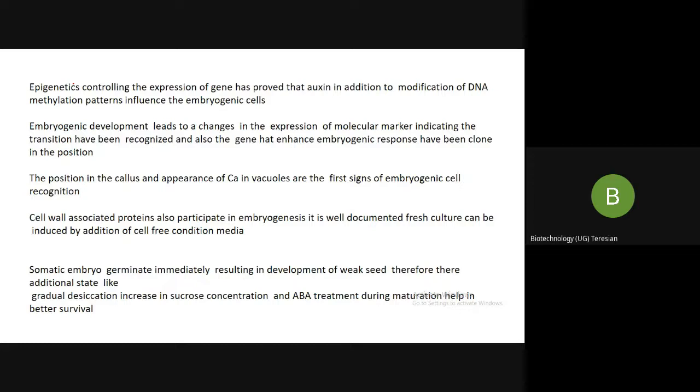So already the DNA is bringing about certain modification in your embryogenic cells along with the auxins, and along with this the epigenetics, that is how your behavior with that of the environment can bring about some changes that affect the way the plant grows.